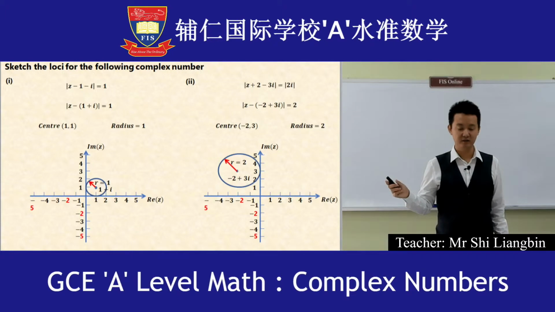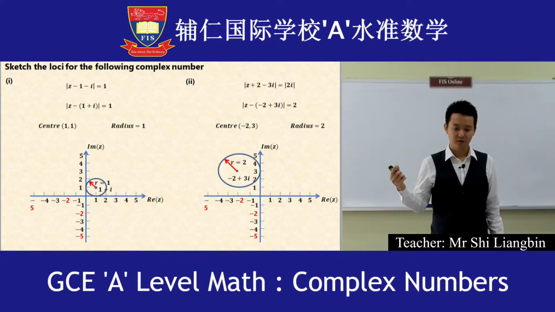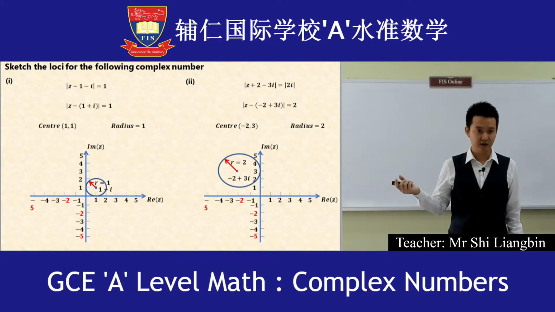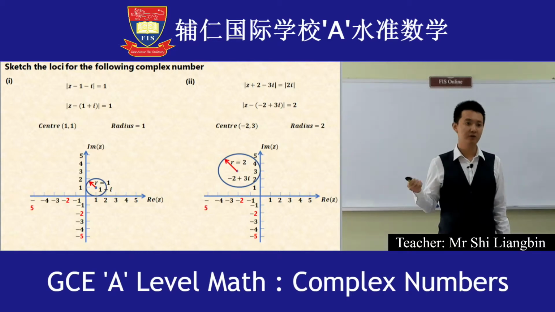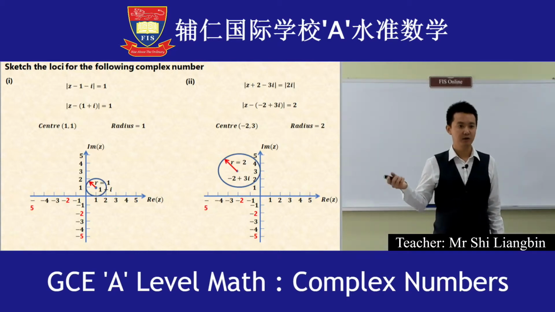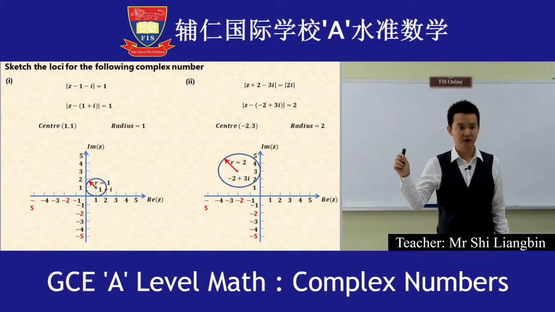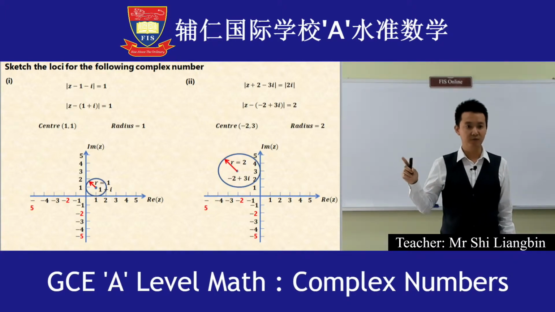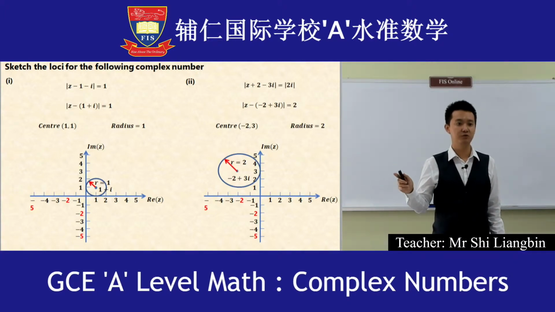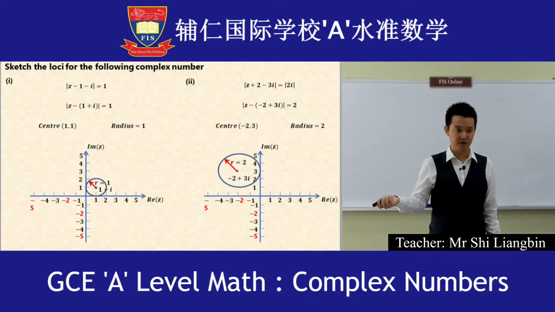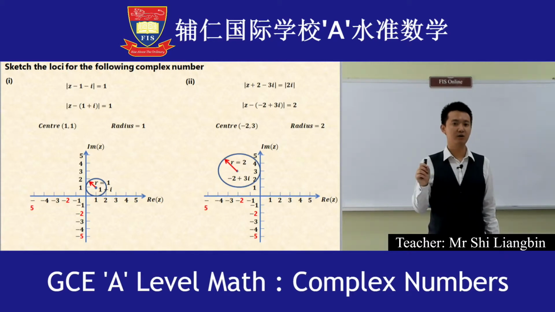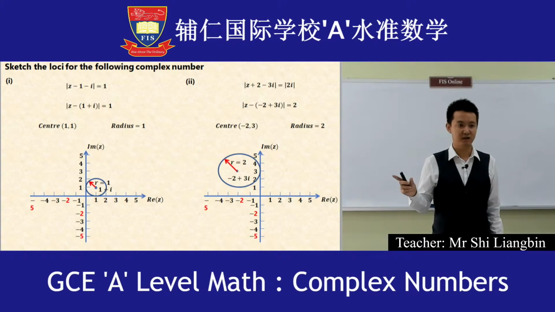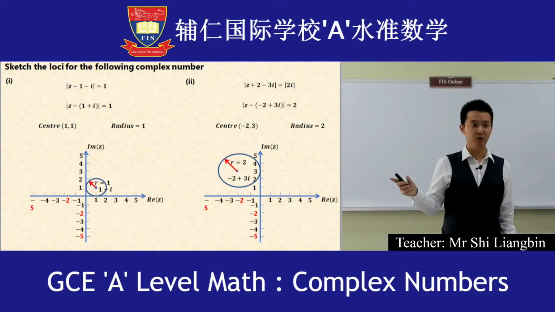So in this case, you should be able to find that our center is (negative 2, 3), while the radius is equal to 2. To draw this diagram, you look at the graph. We locate the center. After that, we draw the radius, which is equal to 2. Overall, you form a circle, which is the null site of this equation. Now we are going to see another null site from another standard formula.